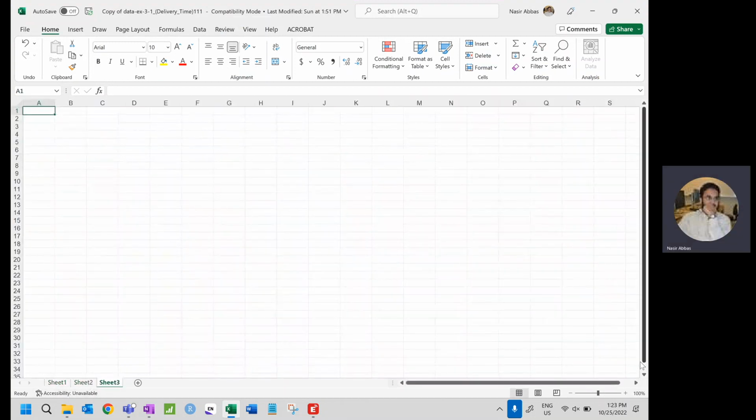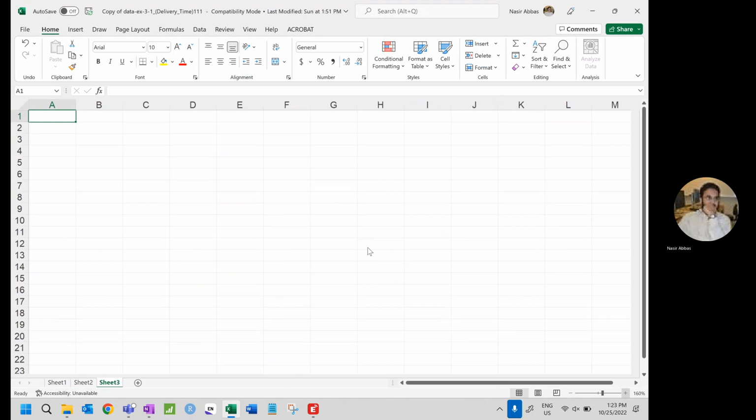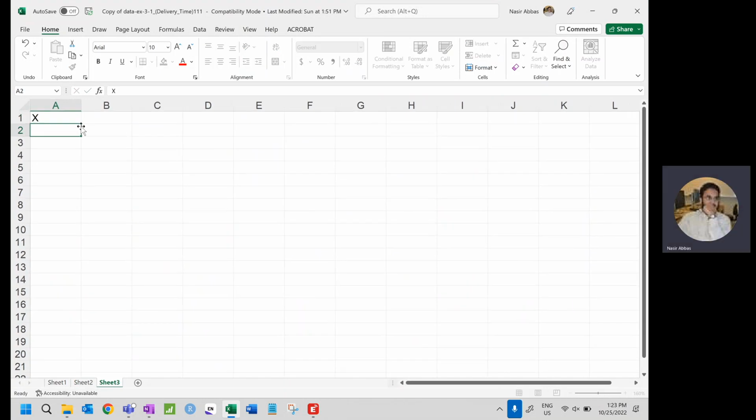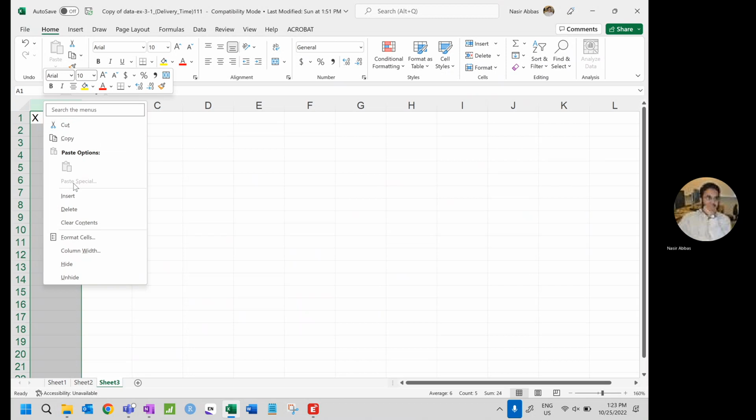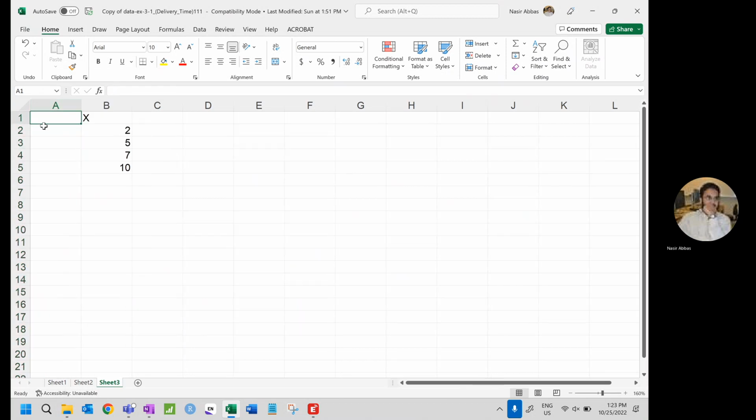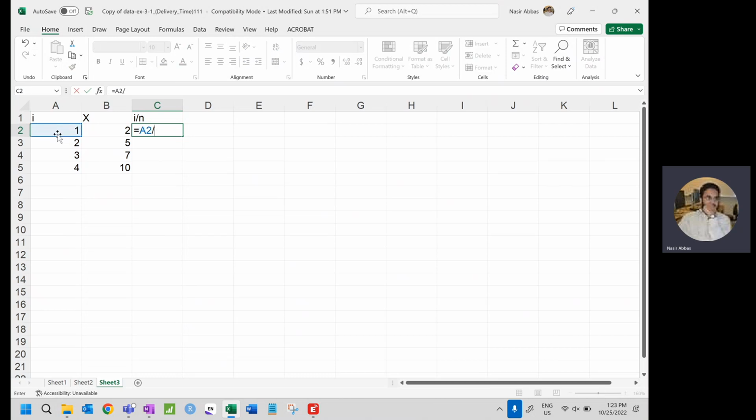So let me enter the data here. I have X, which is 2, 5, 7, 10, and then I have the position 1, 2, 3, 4. And I divided by N, this over 4, 25%.